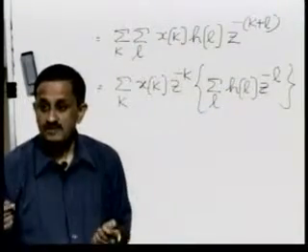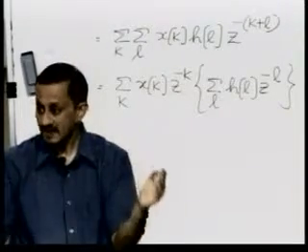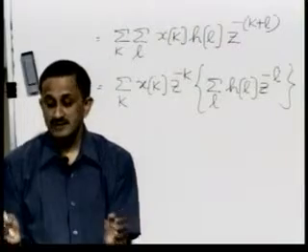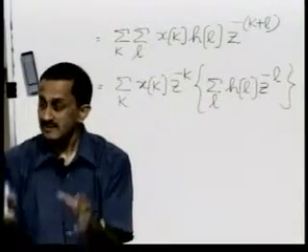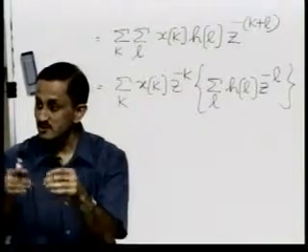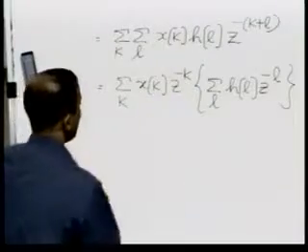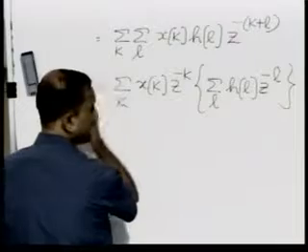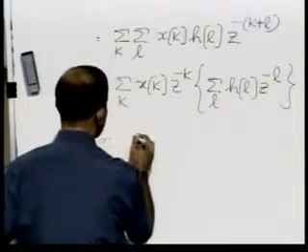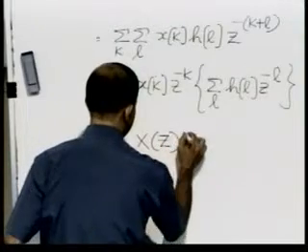So for the moment, let us assume that the region of convergence of X(z) and the region of convergence of H(z) have a non-null intersection. If they have a non-null intersection, we could choose a z within that intersection, and that could be the z here. And then we would have, now this is simply capital H of z, which is independent of k, it can be brought out, and this becomes X(z) times H(z).